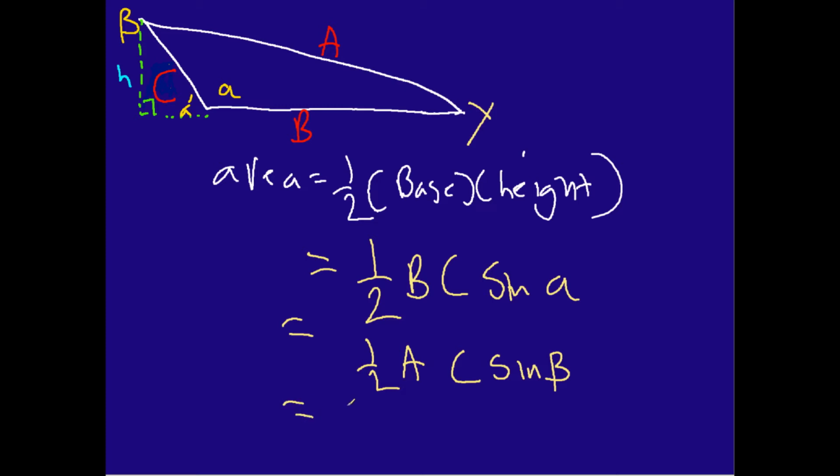And then of course the last one will be, if I have A and B, so 1/2 times a times b times sine gamma. Since I'm using sides A and B, I now use angle gamma. That's how it works. So any of these three combinations will work, and this will give you the area of an oblique triangle if you're not able to calculate the height for whatever reason.